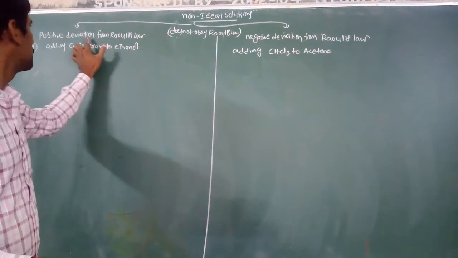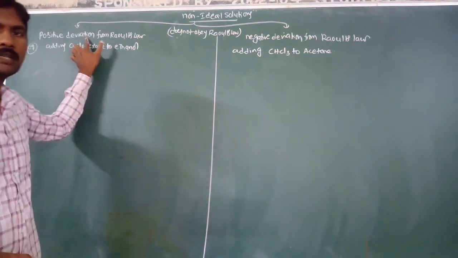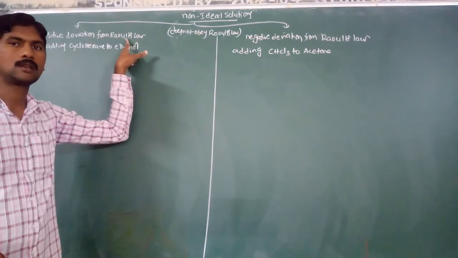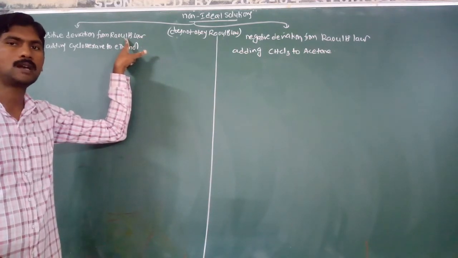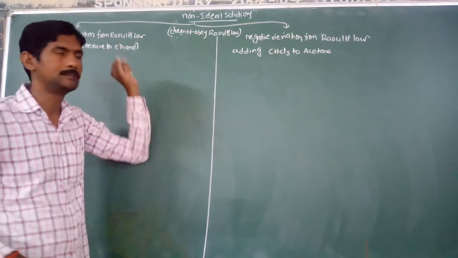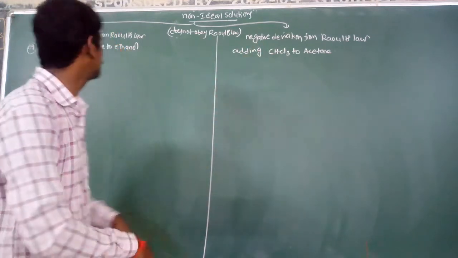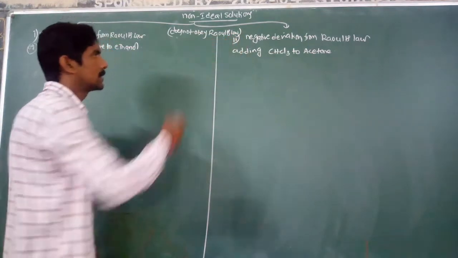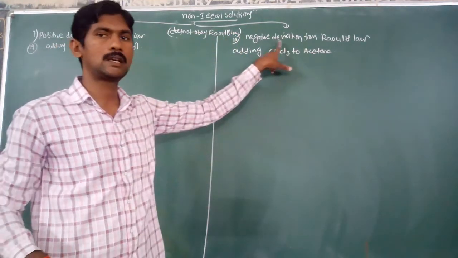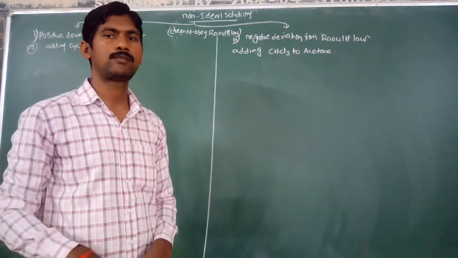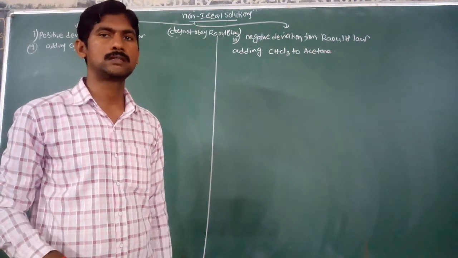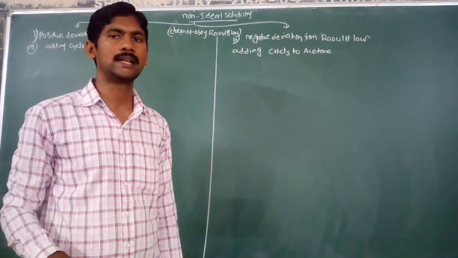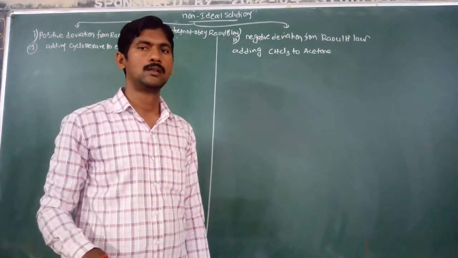One is the solutions which show positive deviation from Raoult's law. Second type, the solutions which show negative deviation from Raoult's law. So non-ideal solutions show either positive deviation or negative deviation from Raoult's law.